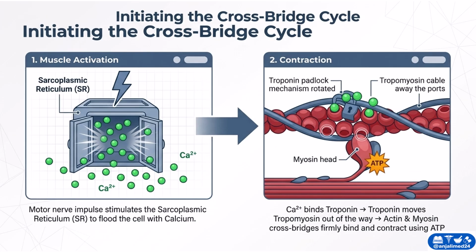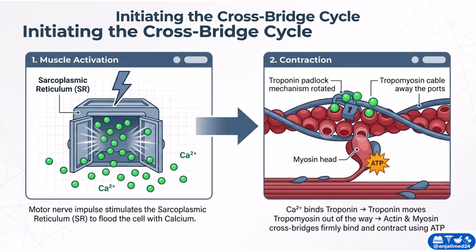This electrical signal stimulates the sarcoplasmic reticulum to release a large amount of calcium ions into the cytoplasm. Notice the green calcium ions flooding out of the SR. This sudden rise in intracellular calcium concentration is the trigger that activates the contraction. Now, let us move to the right side of the slide where the actual cross-bridge cycle begins.